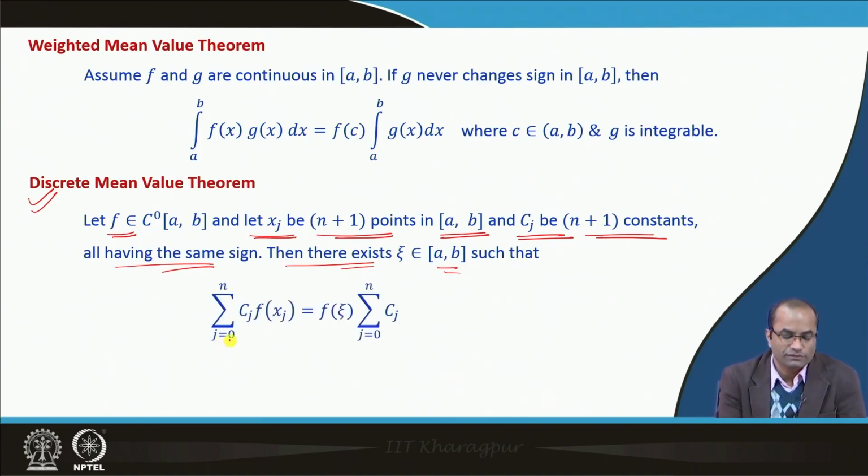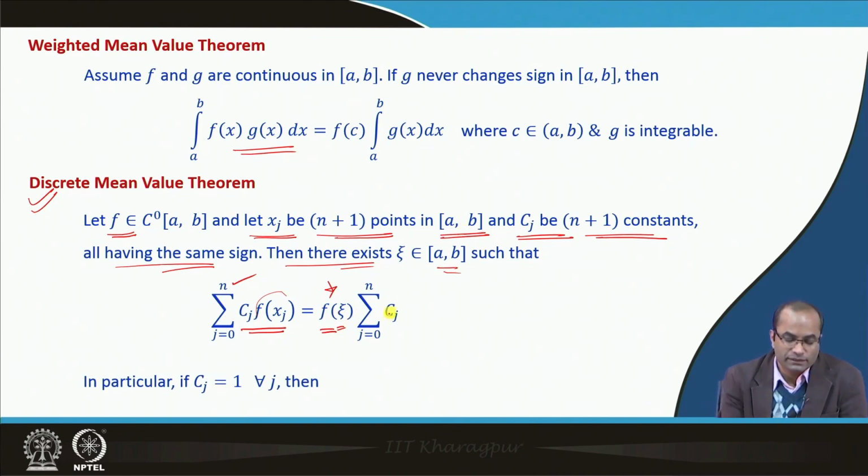So, the summation from j equals 0 to n of c j f x j will be equal to, again in a similar situation, f taken outside, at a point xi which again lies between a and b, times the summation j 0 to n of c j.